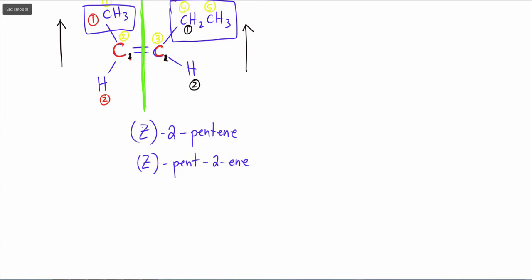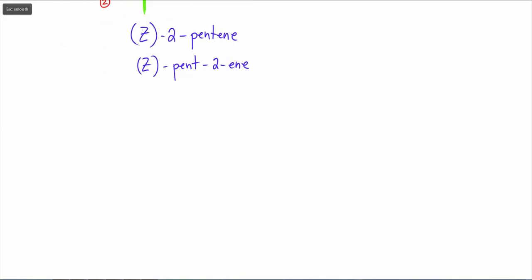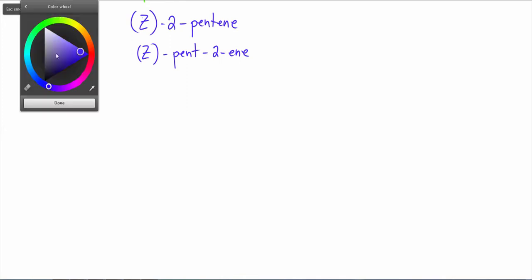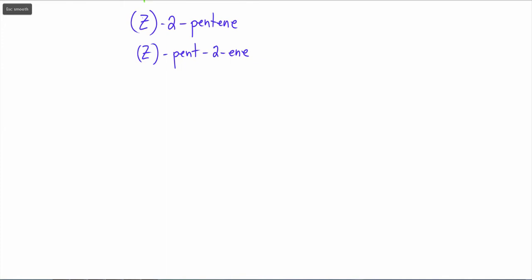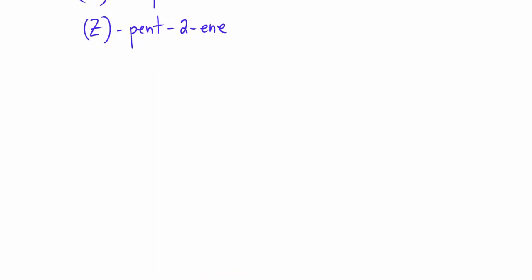Let's look at another example. Let's just write this out, all line angle, if you will. So let's say we have this, this, this, this, this, this, this, this, and this. Okay?